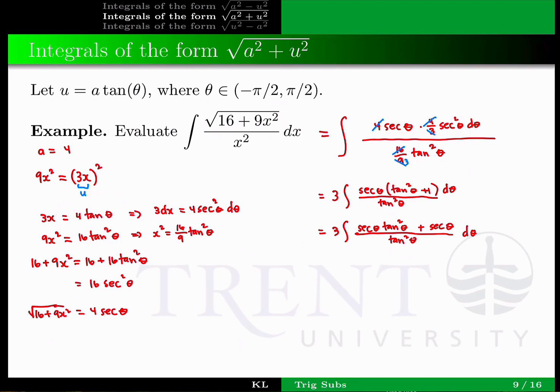Then we can separate the numerator, and we will get 3 times the integral of secant theta d theta. That's easily integrable. And then plus 3 times the integral of secant theta over tangent squared theta d theta.